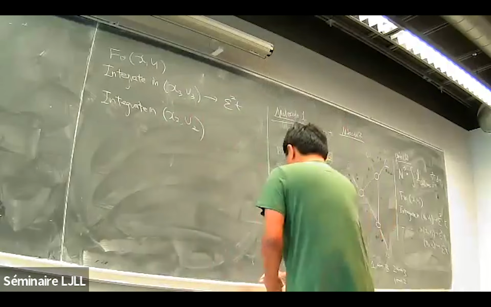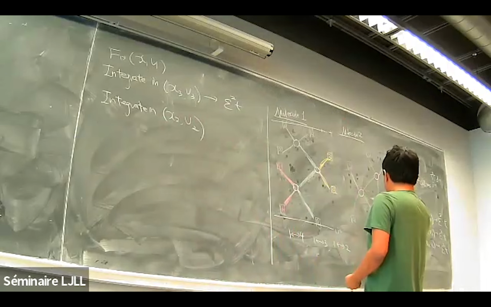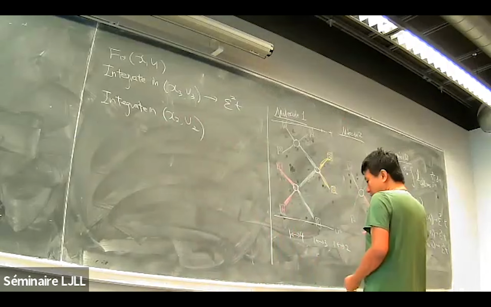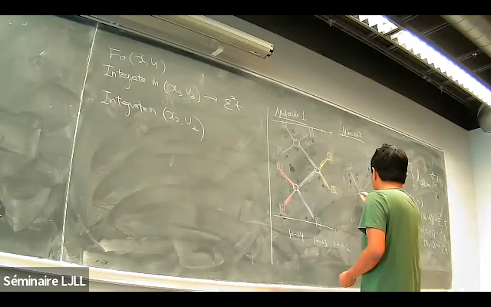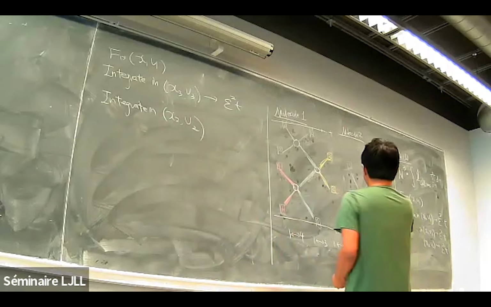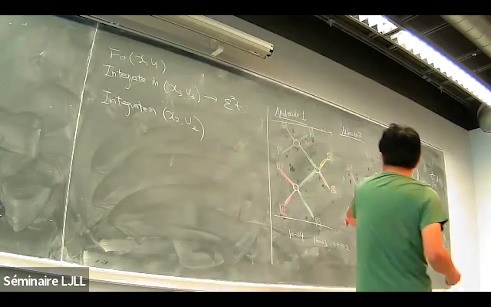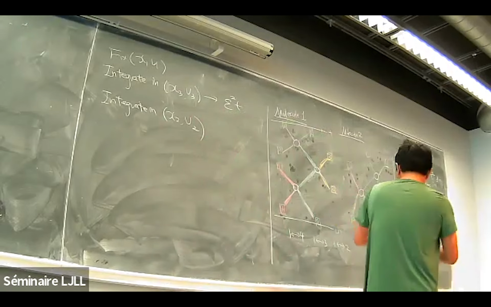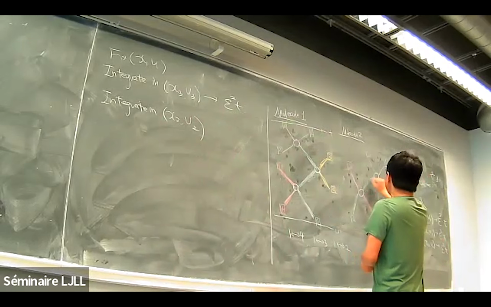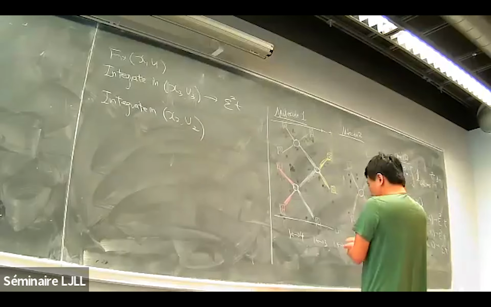Now once this is fixed, then this edge is fixed. And now the restriction is that this edge should collide with this red edge. But not only that, after the collision, it should collide with the red edge, and then the outgoing velocity has to collide again with this blue edge.